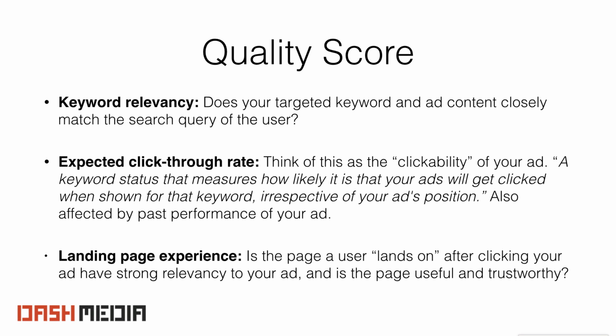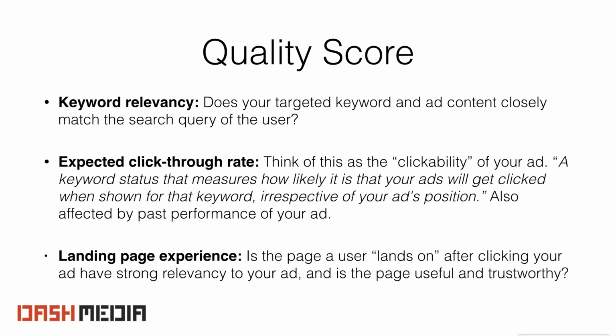So expected click-through rate. This is another aspect that goes into our quality score. And what it is, is a keyword status that measures how likely it is that your ad will get clicked when shown for that keyword. It's calculated irrespective of your ad's position. And that's actually Google's definition of what the expected click-through rate is.